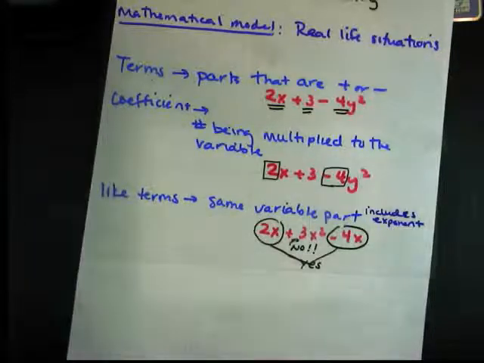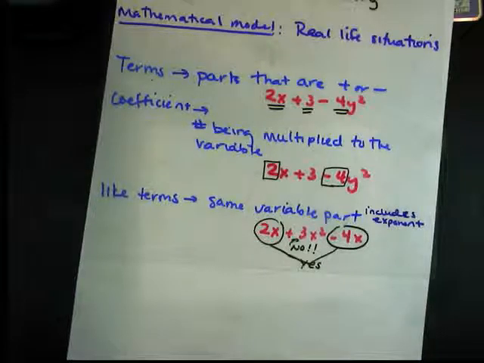Here we have the example 2x plus 3x squared minus 4x. The like terms are the 2x and the negative 4x. The 3x squared is not the same. It has a square on it, therefore it is not the same exponent that goes along with the variable, even though the variable is the same. x and x is not enough, or x and x squared is not enough.